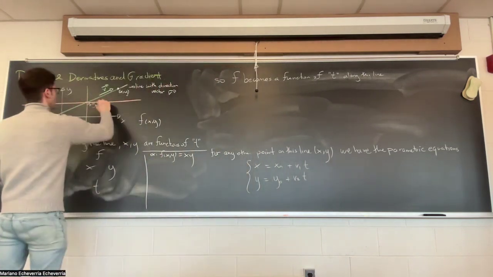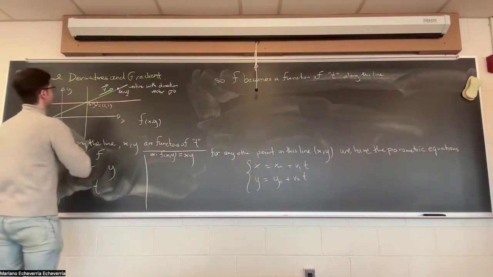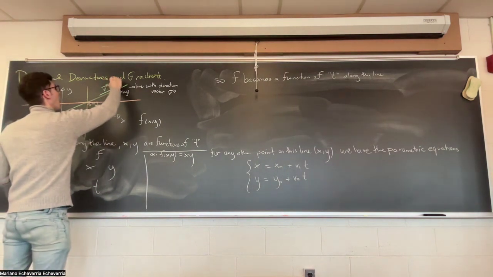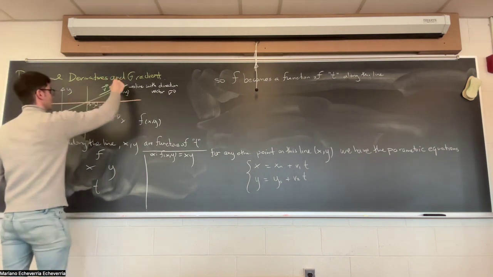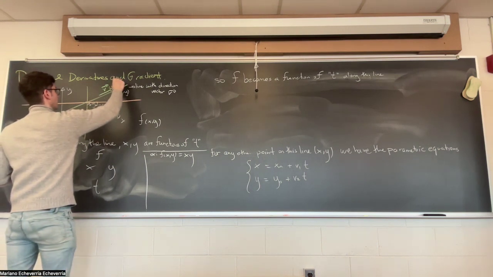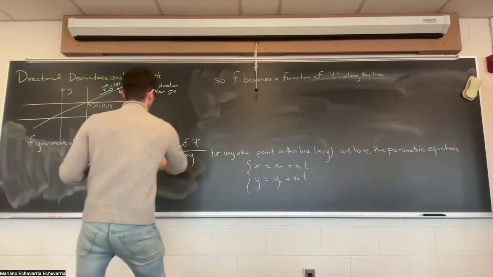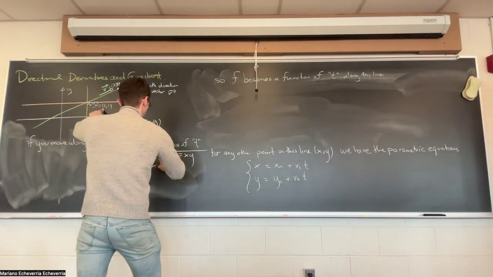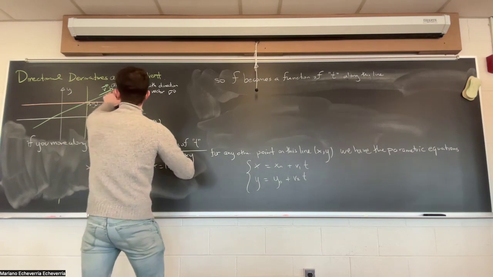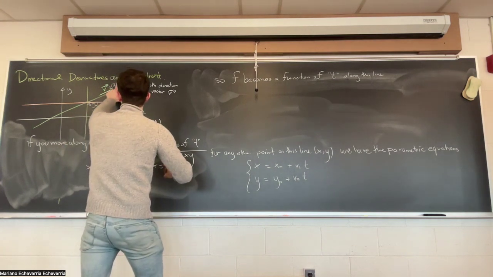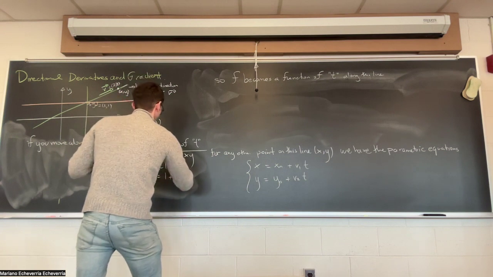If this point is 1, 1, and the direction vector is 2, 3 to make it even clearer, what would be the parametric equations of the line? x is x naught, which is 1, plus 2t, because v1 is 2. And y equals y naught, which is 1, plus 3t.